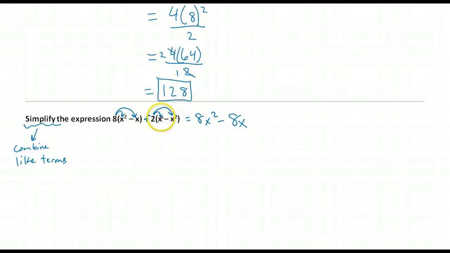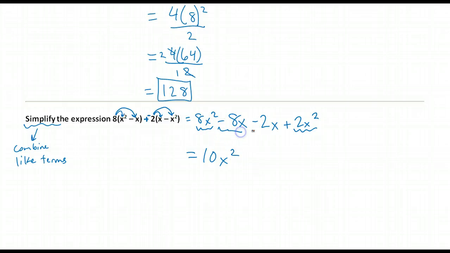Negative 2 times x is negative 2x. And negative 2 times negative x squared gives me positive 2x squared. So now I can combine my like terms. I have a grand total of 10 x squareds and negative 10 x's.